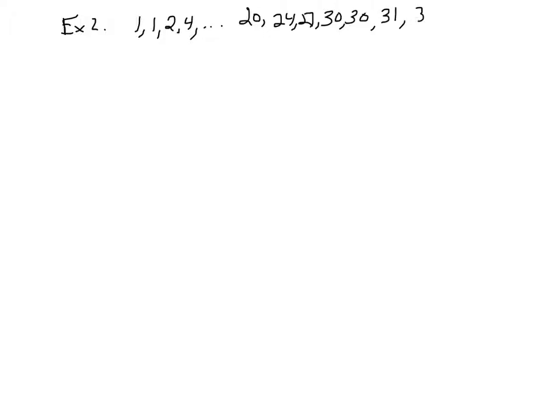Okay. So here's how your examples will often look in the textbook. Example 2. They'll show 1, 1, 2, 4, and then dot, dot, dot. Then they'll go 20, 24, 27, 30, 30, 31, 32, and then dot, dot, dot, and then 60, 62.